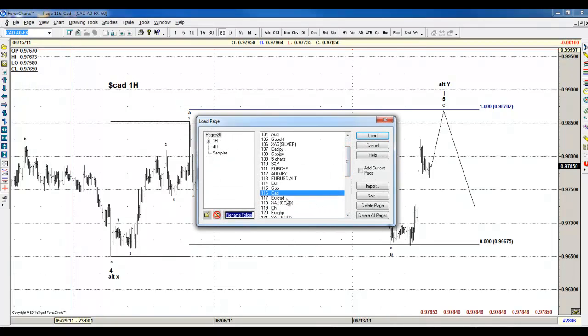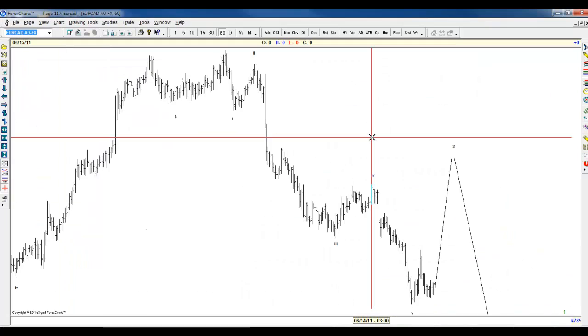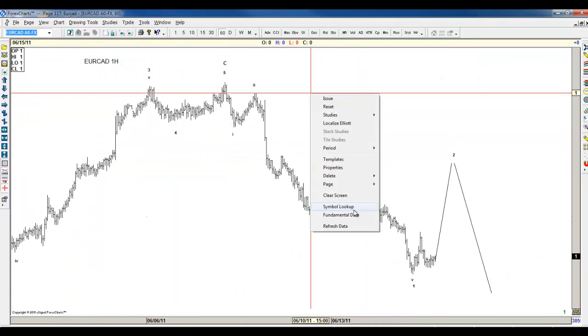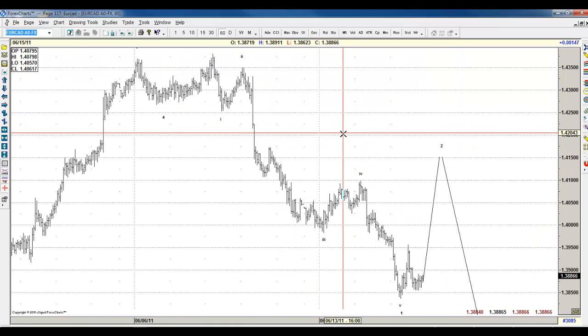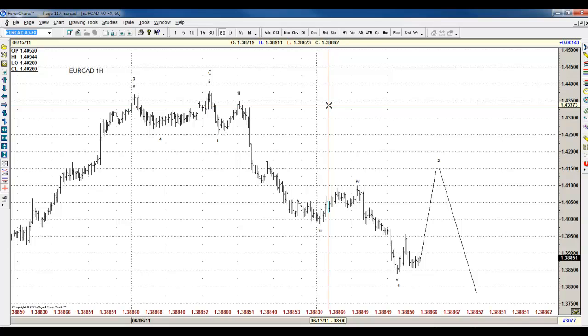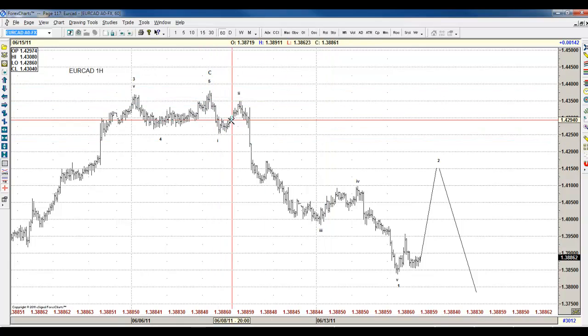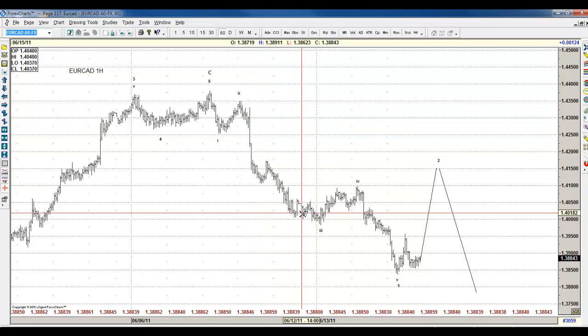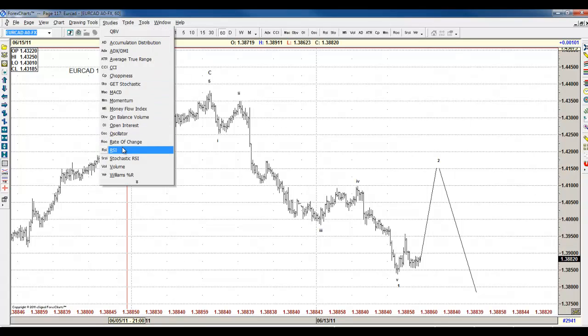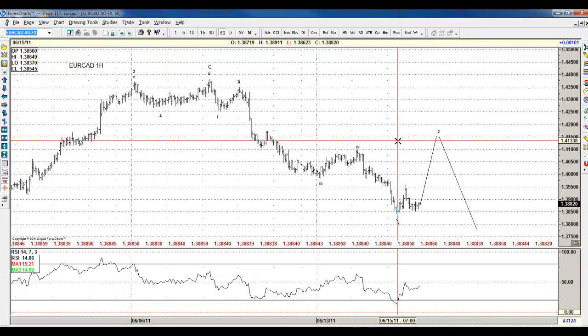Now this pair, the euro cap, is kind of iffy, to be honest with you. Even though we're laboring like this, it can be corrective or it can be still in 3-way. But the thing with the 3-way is that you have a 1, 2 right here, another 1, 2 that goes with this. This is 3, a 4, and a 5. But the RSI is not giving me divergence.